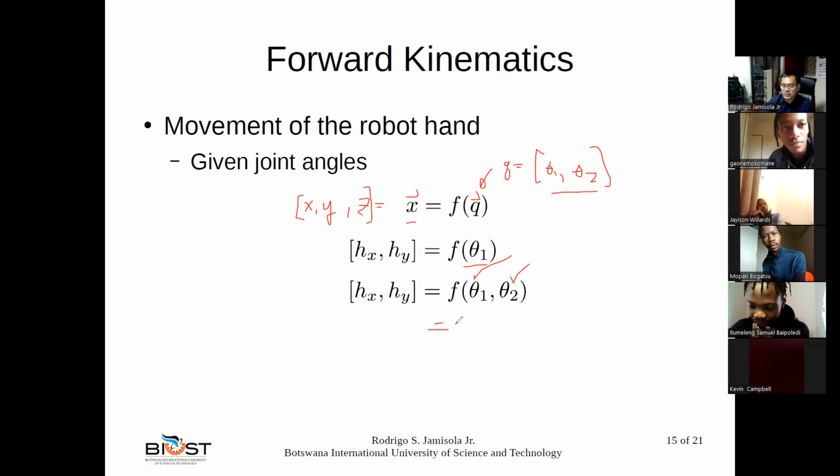If you have a 3-link robot, the same thing. Input theta 1, theta 2, and theta 3. But still the output is HX and HY.